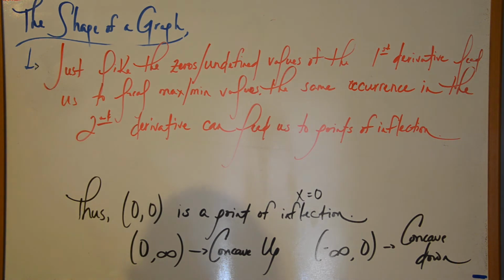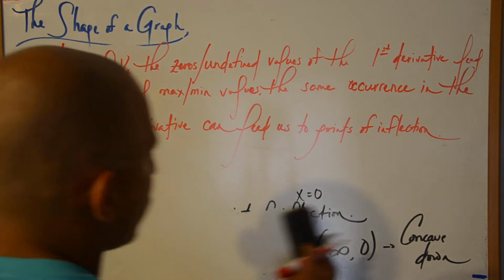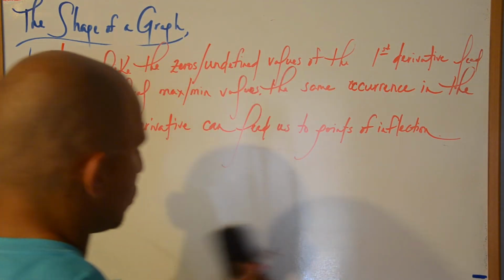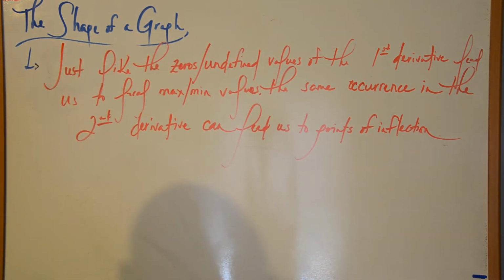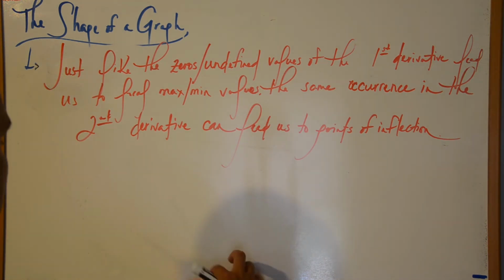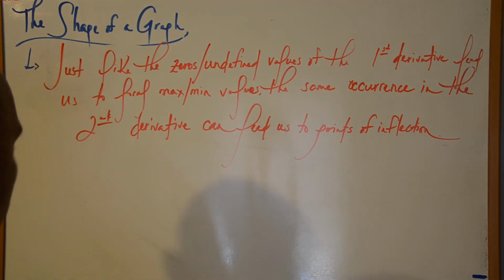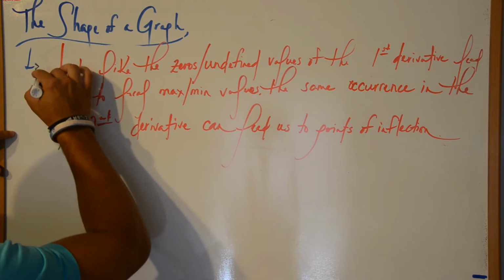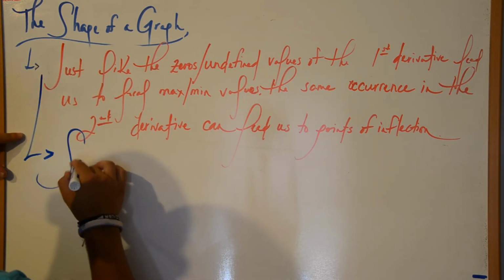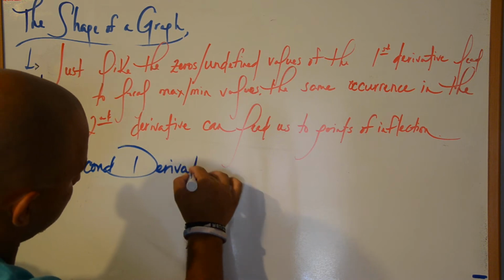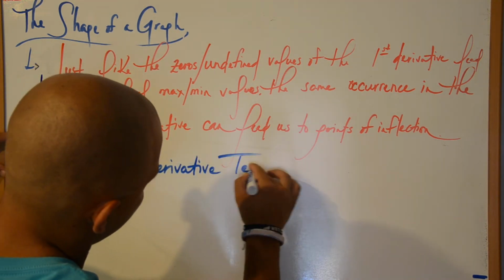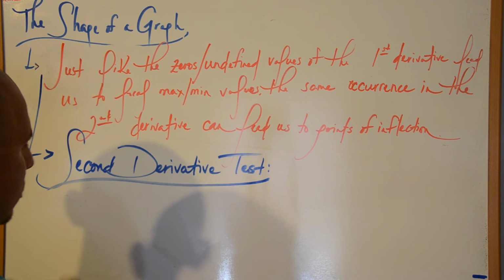But what if I were to tell you that we could make this entire ordeal, the extrema, the concavity, the points of inflection, a one-stop shop situation? I bring you the second derivative test.